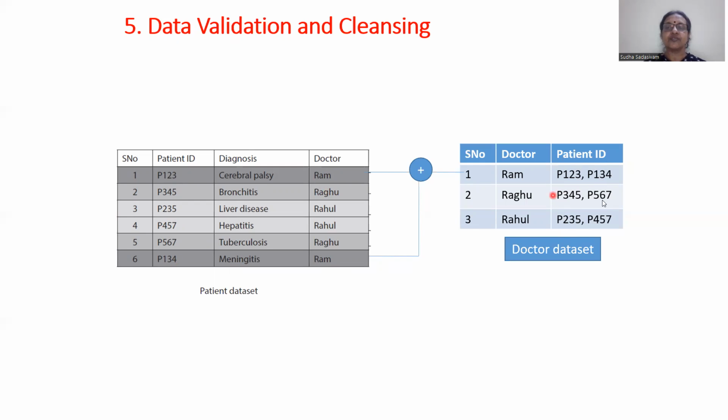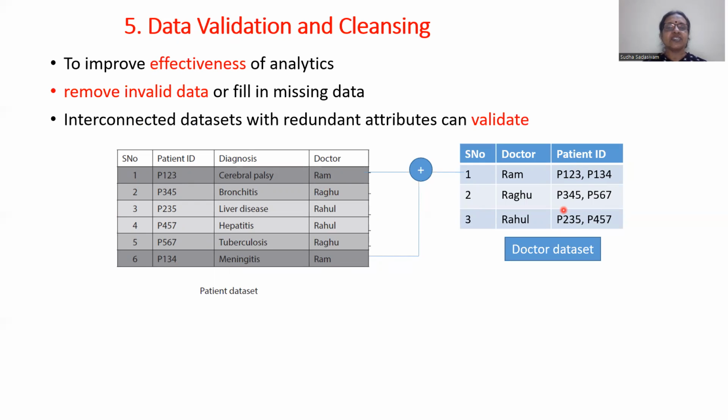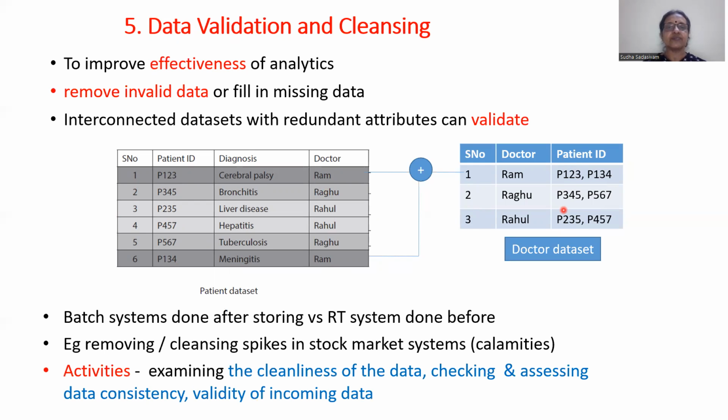So the patient ID should coincide with this particular table. So that type of data validation is done, and whichever is not valid data is cleaned or removed. Once validation and cleansing is correct, only then will the model formed be correct.